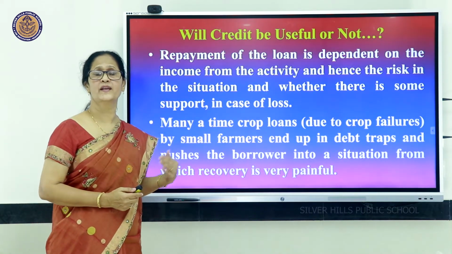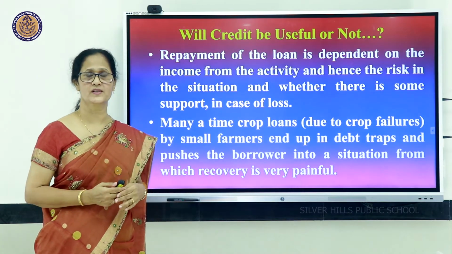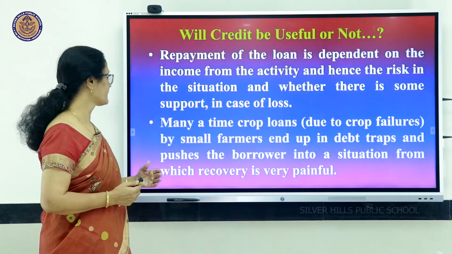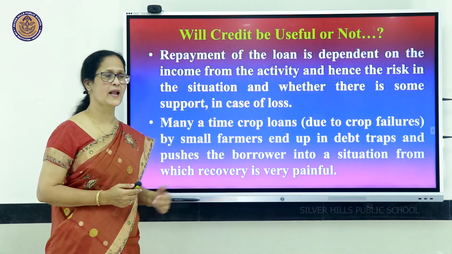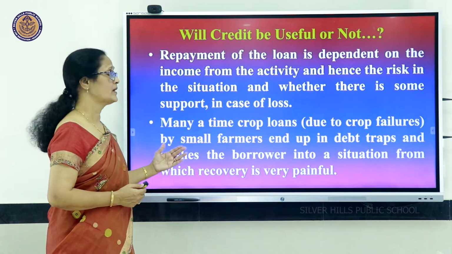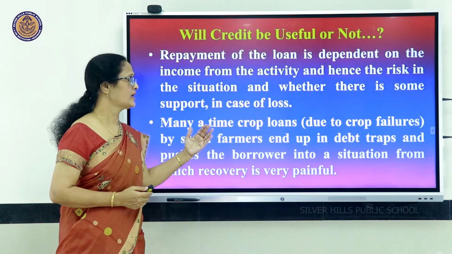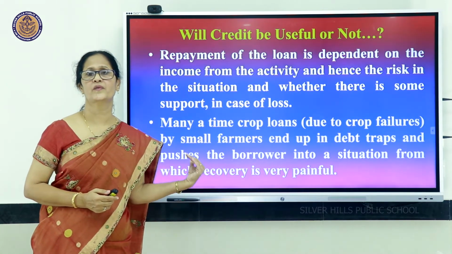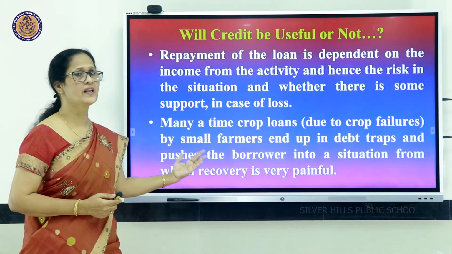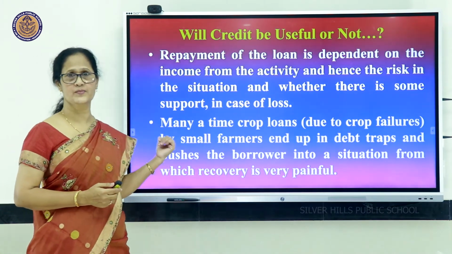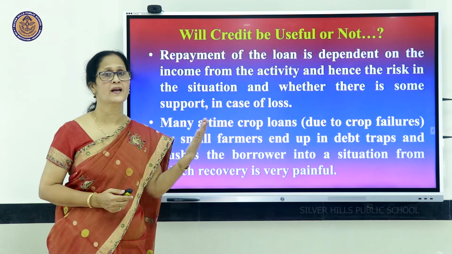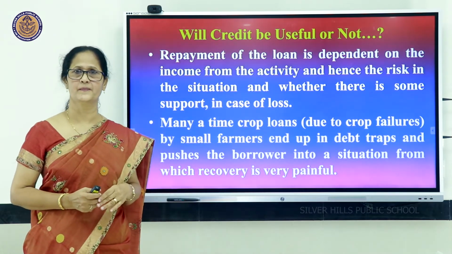Now, many a time we can see that crop loans or agricultural loans to small farmers end up in debt traps and push the borrower into a situation from which recovery is very painful. There are two examples given in your textbook. One is of Salim and the other of Swapna.